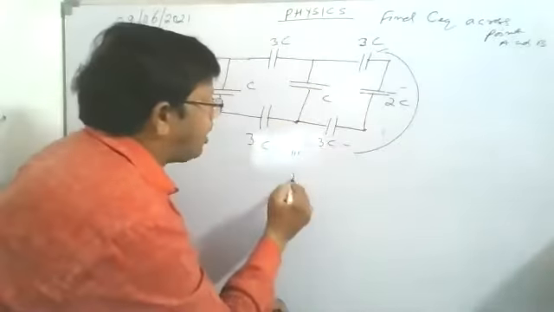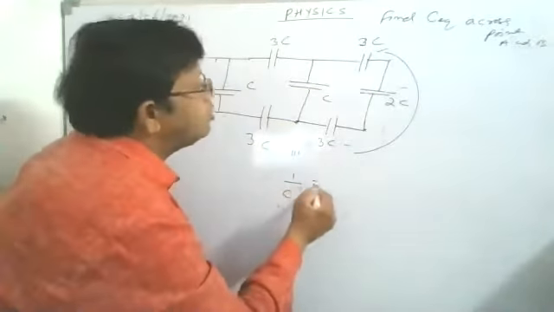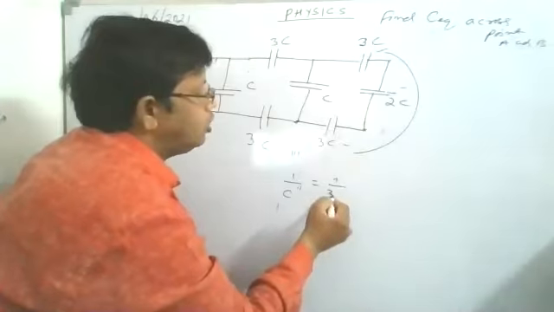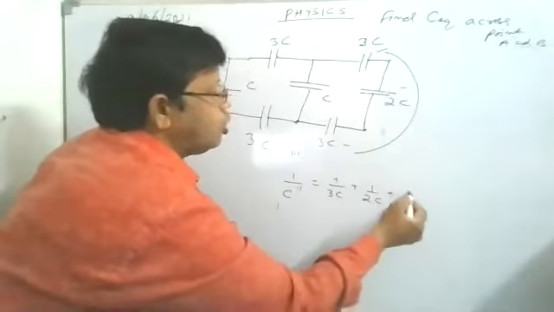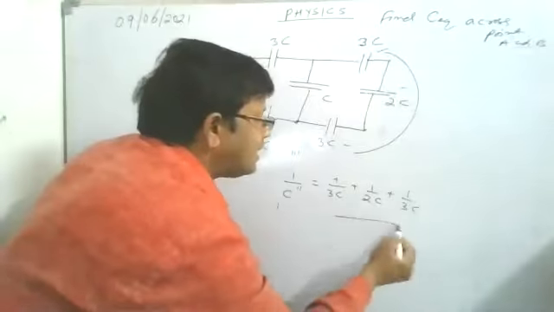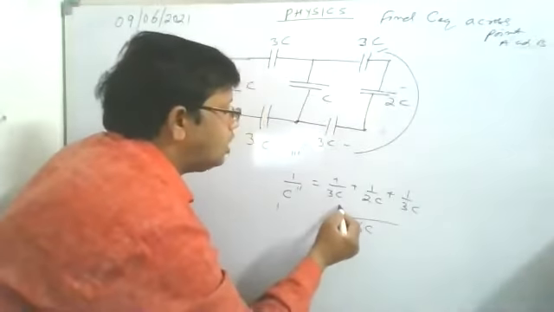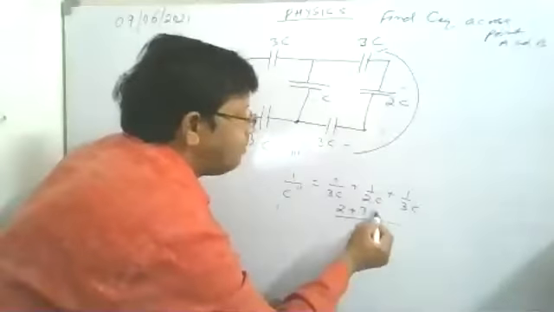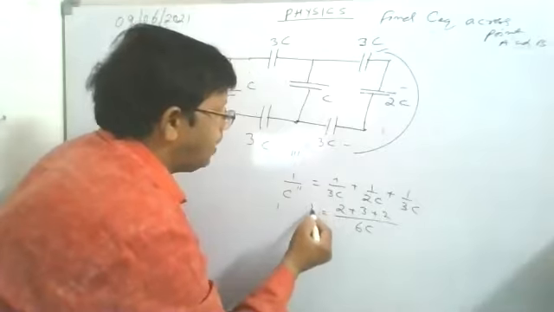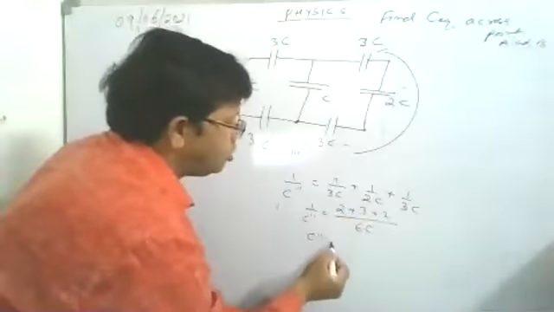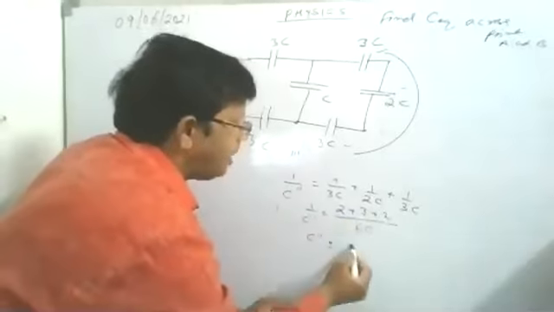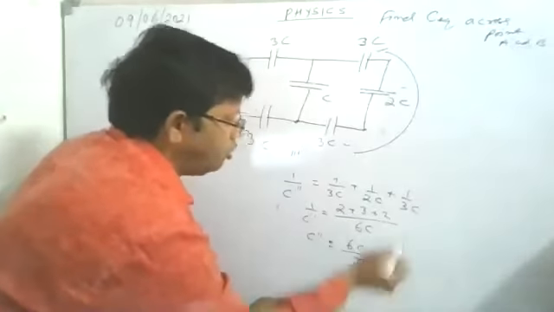Let the equivalent capacitance be C double dash. 1 by C double dash is 1 by 3C for the first one, 2C for the second one, and 3C for the third one. What is the LCM? 6C. So 2 plus 3 plus 2, that is 7. So 1 by C double dash is 7 by 6C, and C double dash is equal to 6C upon 7.